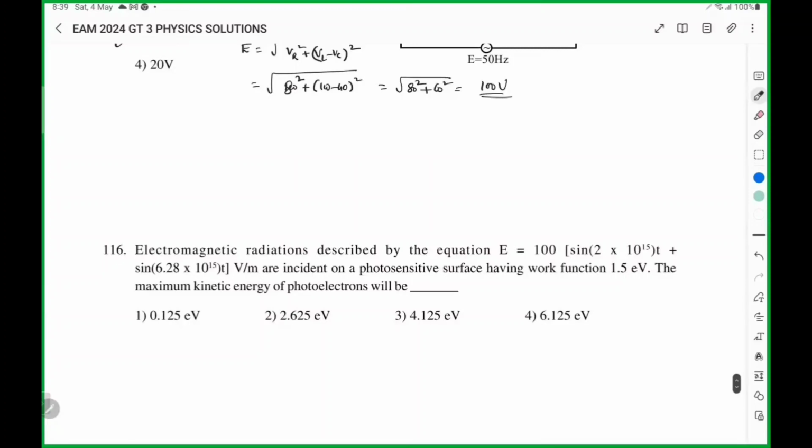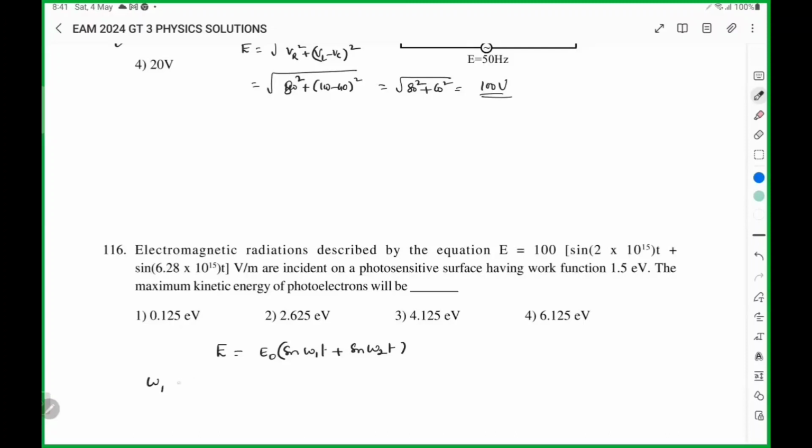So electromagnetic radiations. The electromagnetic wave E naught sine omega 1 t plus sine omega 2 t, radiations described by an equation.